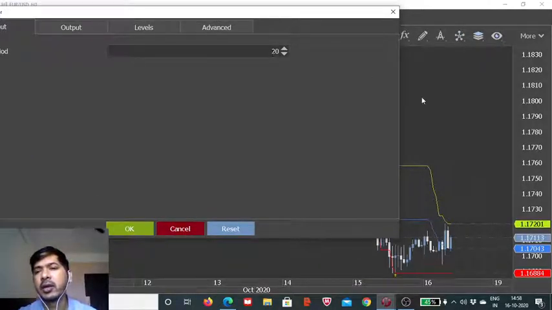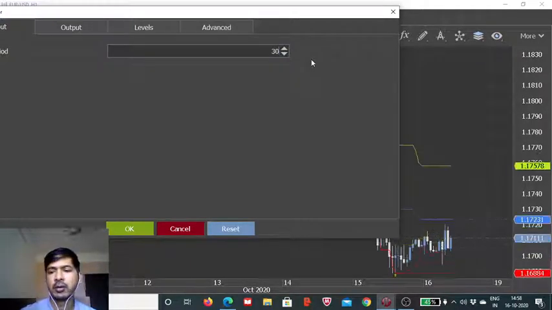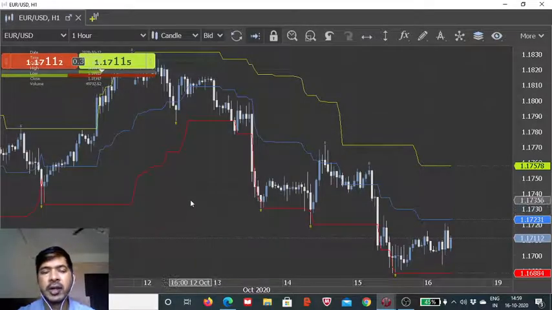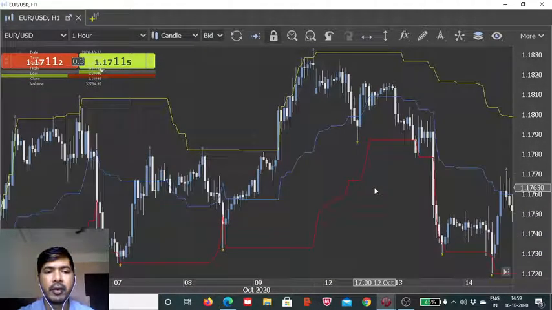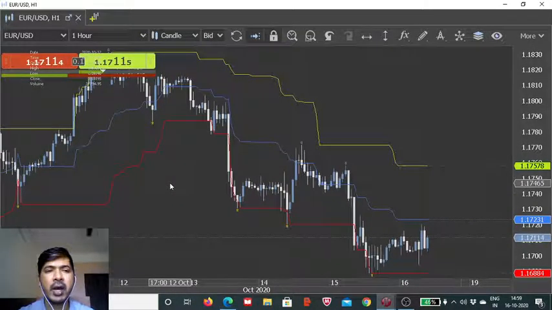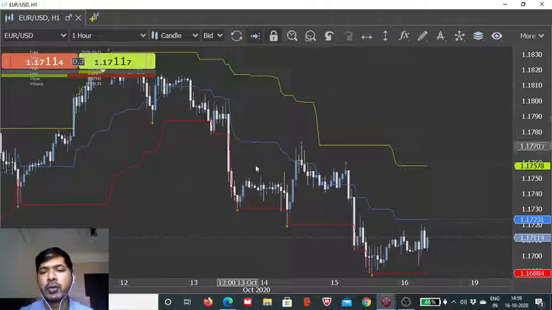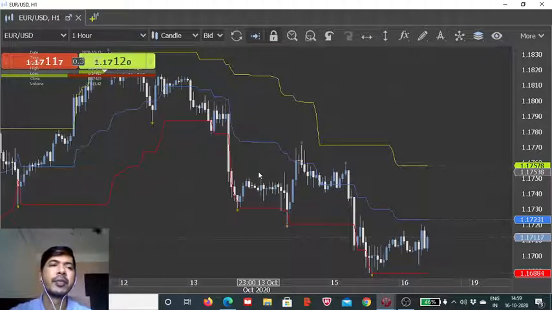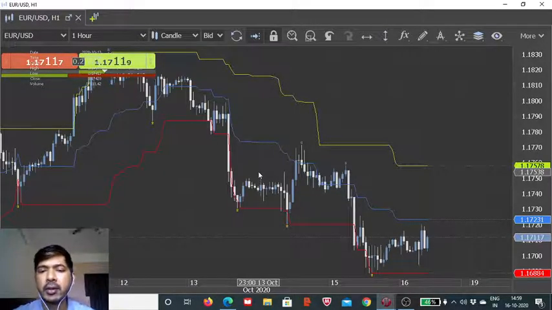If we change it, say for example to 30, then you will see the formation has changed to a great extent. Now it is looking something like this, and here we are looking at this downward spiral in the Euro USD happening on the hourly time horizon.